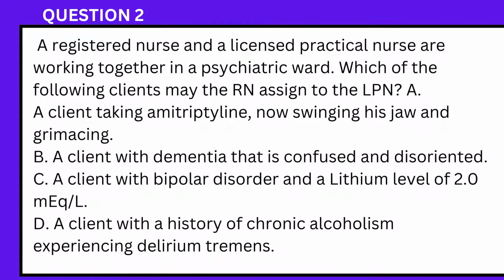Going to the first option, the client taking amitriptyline, now swinging his jaw and grimacing. The first question is, is this patient stable? If they can attend to stable patients, is this patient stable? Of course not, this patient is not stable. It therefore means that this patient who is taking this medication requires attention from the nurse.